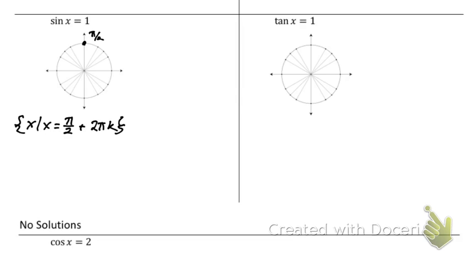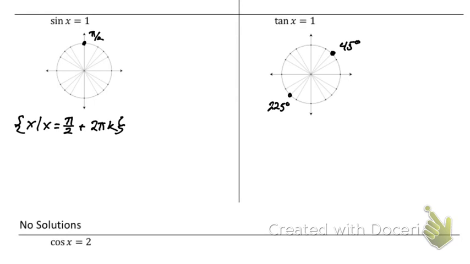Tangent is the only one that's different. It's going to change your answer slightly just because of where our positives and negatives are. So tangent of x equals 1. Where does the tangent of x equal a positive 1? I believe it's 45 degrees and 225 degrees.